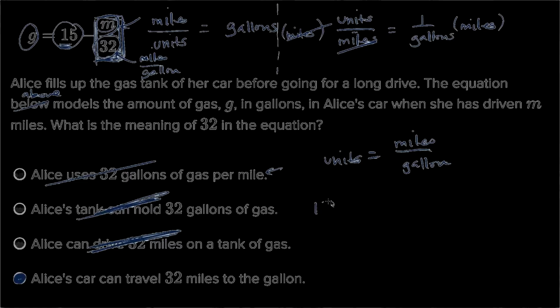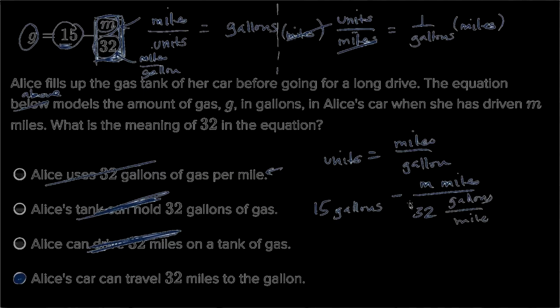If you have 15 gallons minus m miles divided by 32 gallons per mile, what will the units end up being here? Especially right over here, you would have miles divided by gallons per mile.